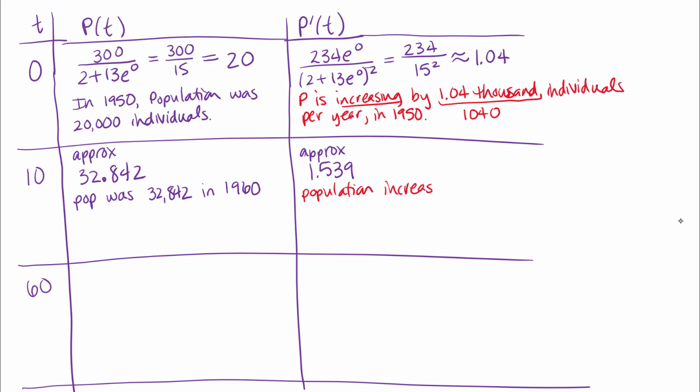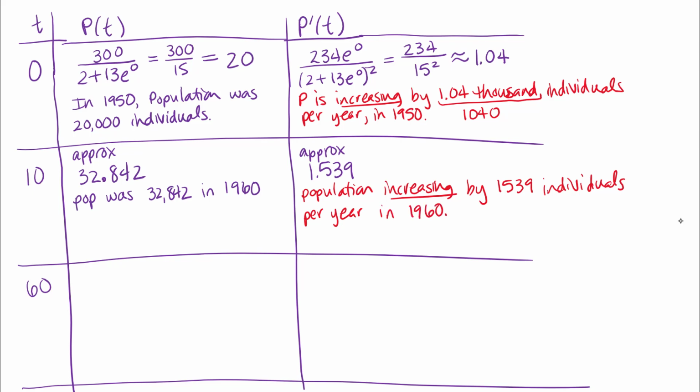That's a positive rate of change, so increasing by about 1.539 thousand, or 1,539 individuals per unit time, so whatever the units of input are, in this case it's years, in 1960. So in 1960, this population is increasing more rapidly than it was in 1950. So we think about that as a slope of a tangent line, a steeper curve, a larger rate of change.